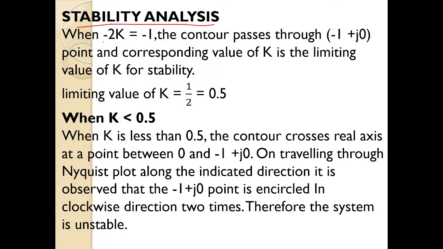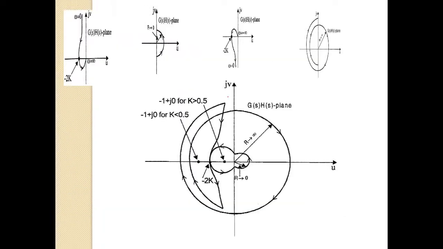Now let us assume that minus 2k is equal to minus 1. Why minus 2k is equal to minus 1?